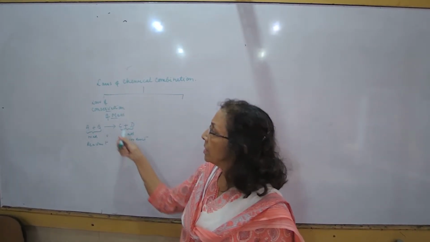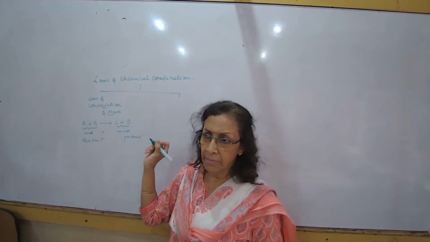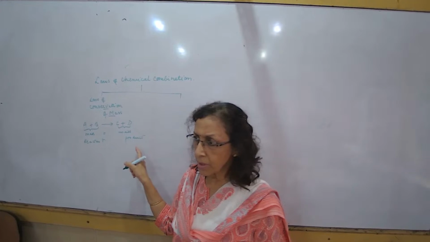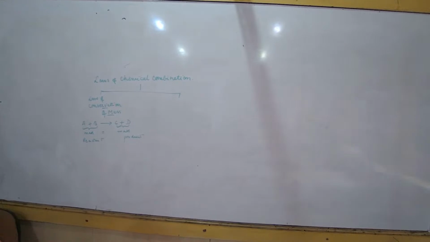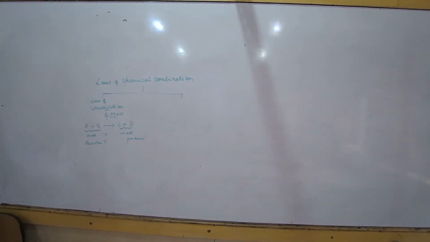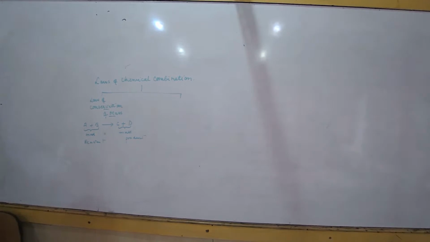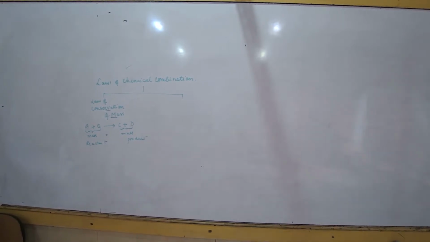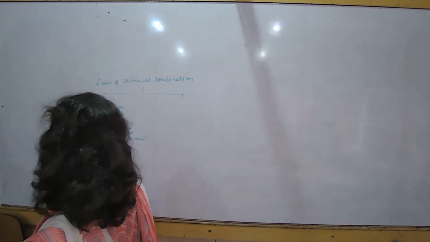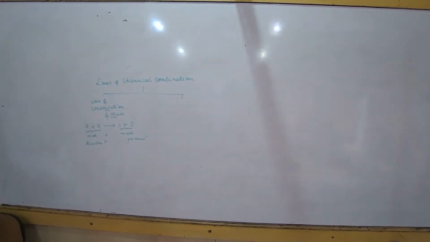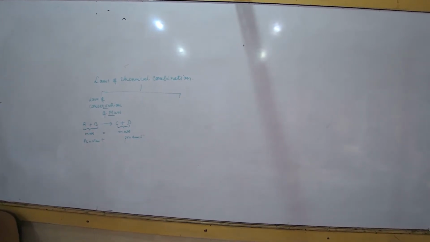So this is the law of conservation of mass. Write it down in your notebook. I have already given it to you; it's just a revision. Mass can neither be created nor destroyed. The mass of the reactant is equal to the mass of the product. I'm talking about the total mass.